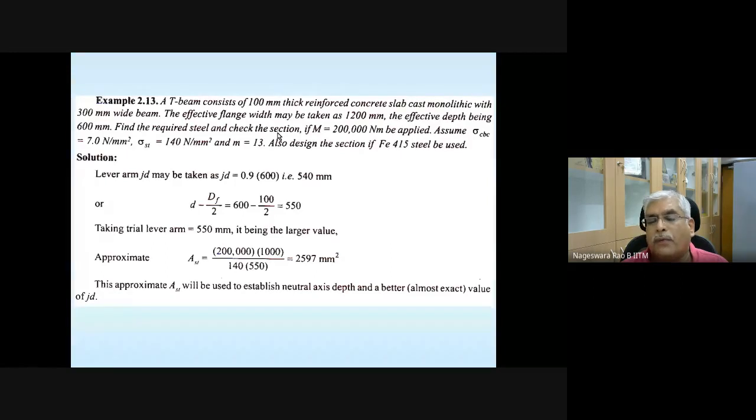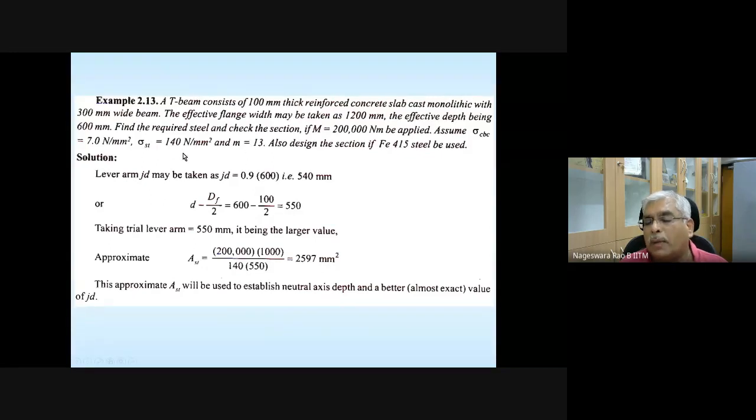We need to find the area of steel and also check the section, in the sense of whether the stresses are within the permissible limits of concrete and steel. That is what is meant by check the section. A moment of 200,000 Newton meter is applied, the permissible stress in concrete and the permissible stress in steel are given, and the modular ratio is also given.